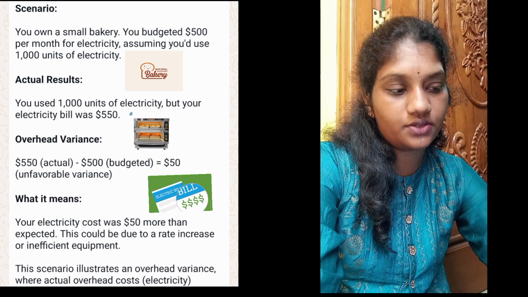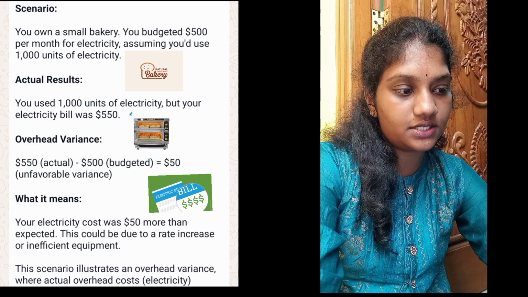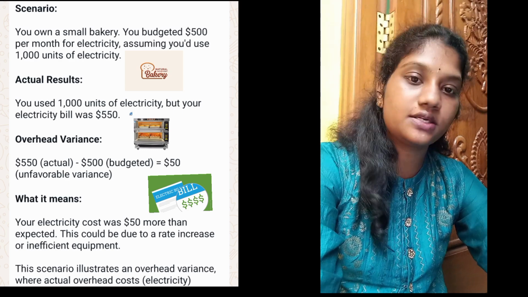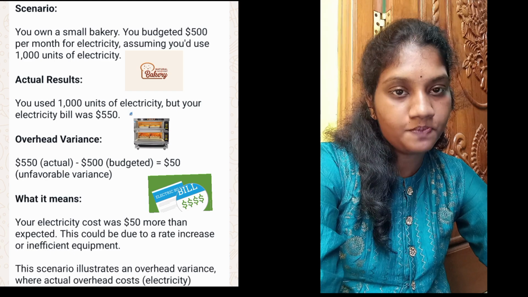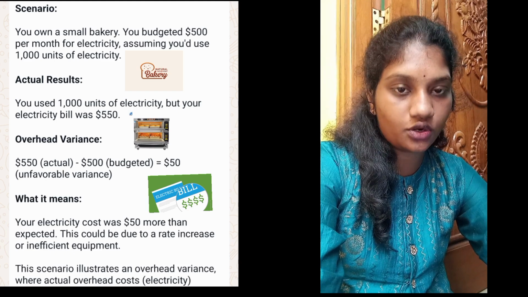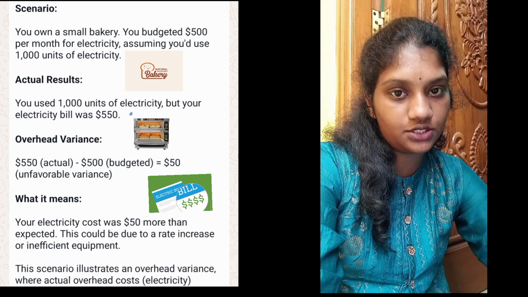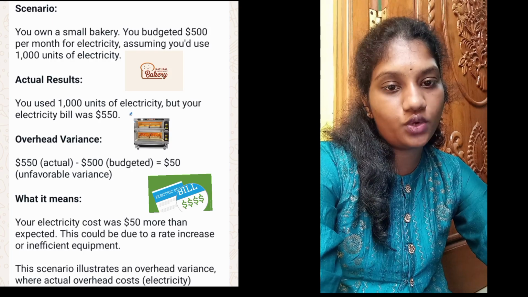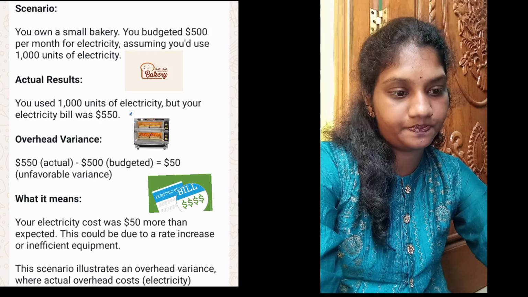This scenario illustrates an overhead variance where actual overheads differ, with the example of electricity charges. Electricity charges are variable because they are not stagnant. They will change, so it is a flexible overhead. It depends upon our consumption.